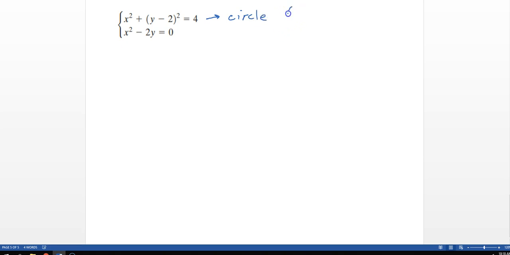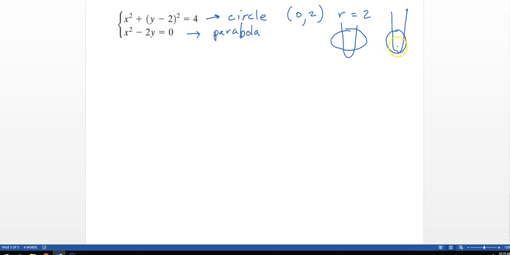A circle with a center of (0, 2) and a radius of 2. Here we have a parabola, once again. So, as we showed in class, we got this situation, which I think we did a problem like that in class, where there's one solution.